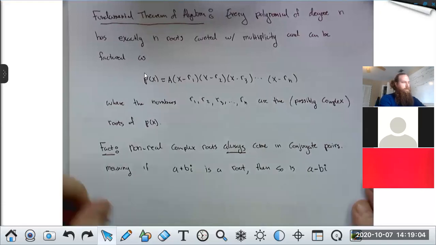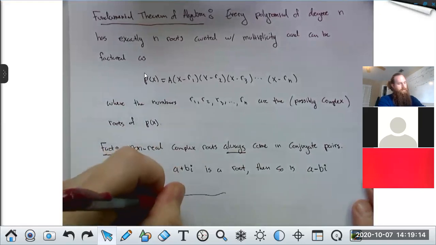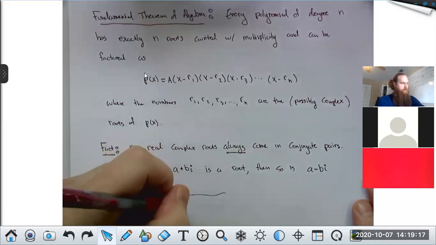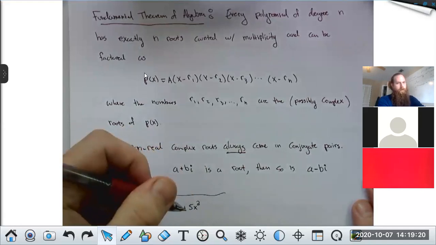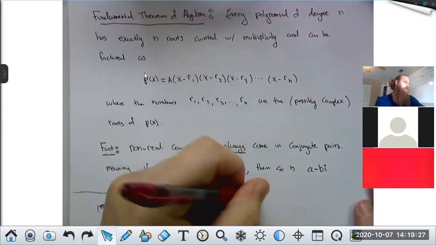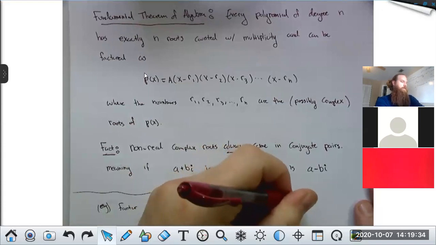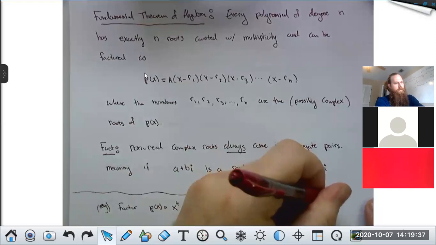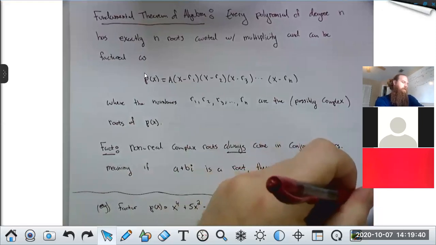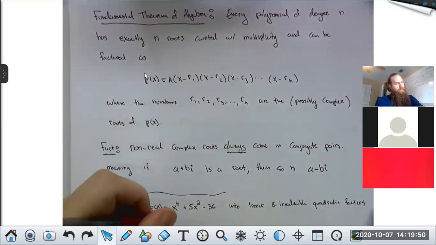We've got x to the 4 plus 5x squared minus 36, to factor into linear and irreducible quadratic factors, and then into just linear factors.